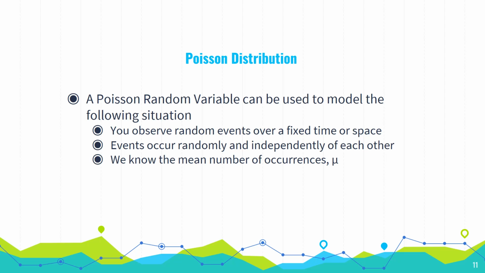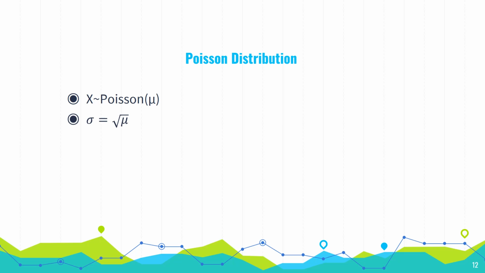We need the events to be occurring randomly and also independently of each other, and then the mean number of occurrences over this fixed time or space is mu. This is the one parameter of our distribution. So the Poisson takes this one parameter mu, and the nice little formula for standard deviation is the square root of mu.